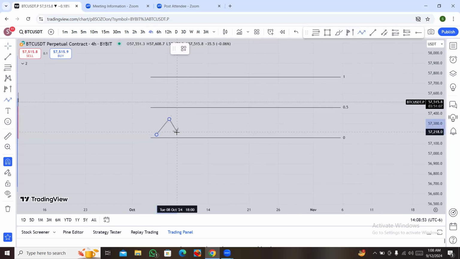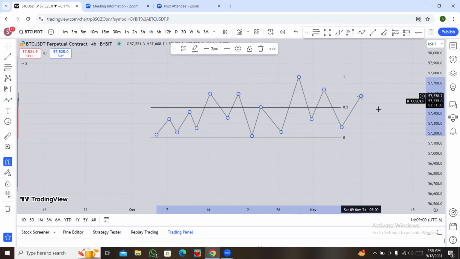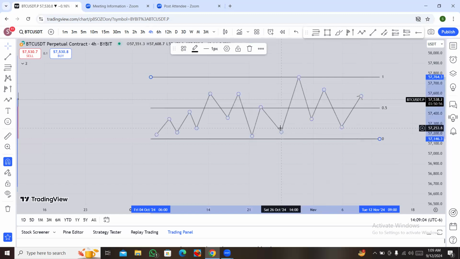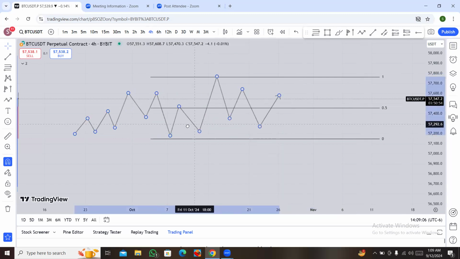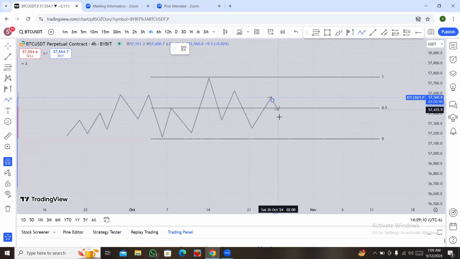Price started moving in a range, a bit of a lengthy range. Due to excitement, I tried, but I will make it like this. Now price is coming back here and it breaks down.